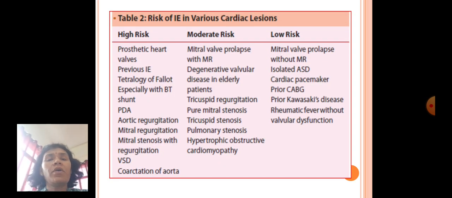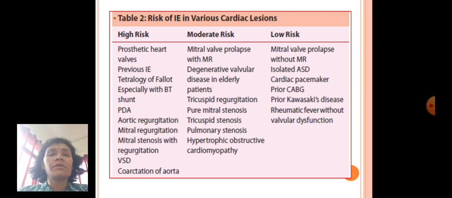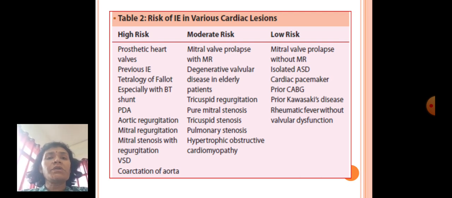Risk factors of infective endocarditis in various cardiac lesions. Patients with prosthetic heart valves, patients with previous history of infective endocarditis, and patients with tetralogy of Fallot, PDA, AR, MR, VSD are at high risk of developing endocarditis.